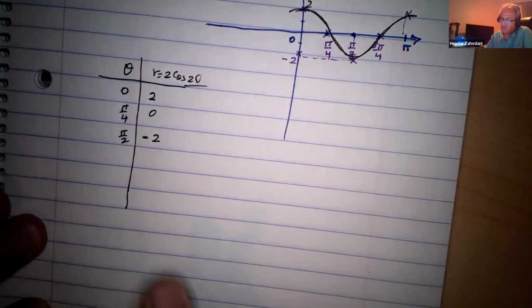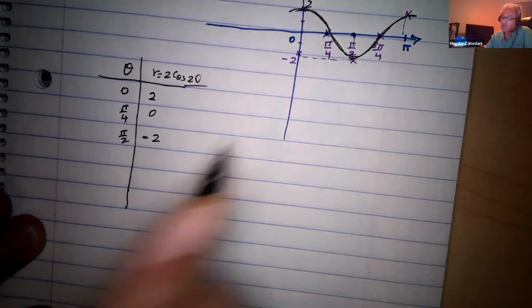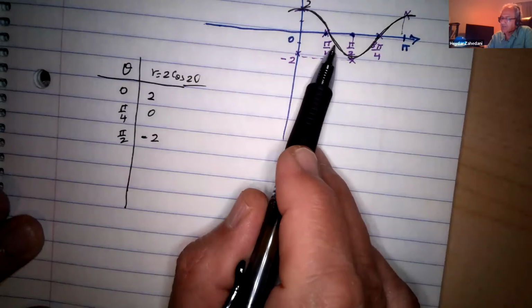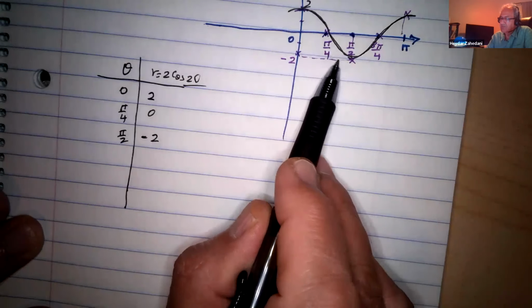So that should give you one portion of your graph, and then you continue to get to the other parts if you like. That takes you to the negative, pi/2, and then you can continue to get the other part.